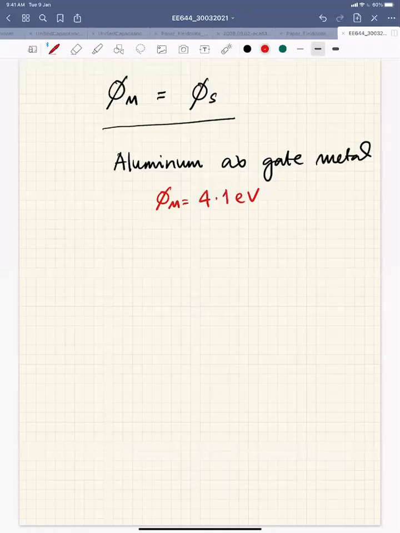Now, if you look at silicon, we are talking about p-type silicon, because our substrate is p-type silicon for the NMOS case. For a p-type silicon, what will be the work function? What is the definition of work function? Work function is nothing but the energy difference between vacuum level and Fermi level.